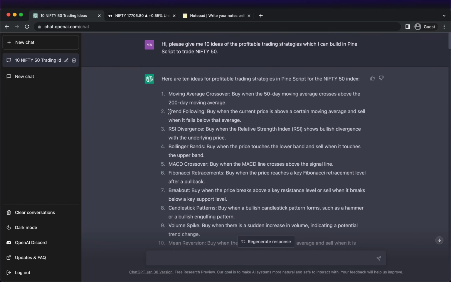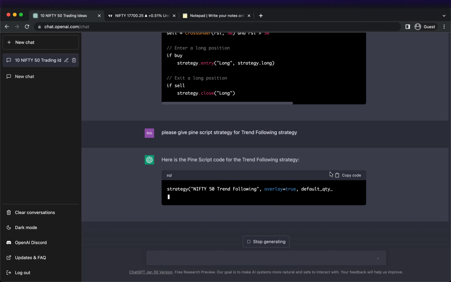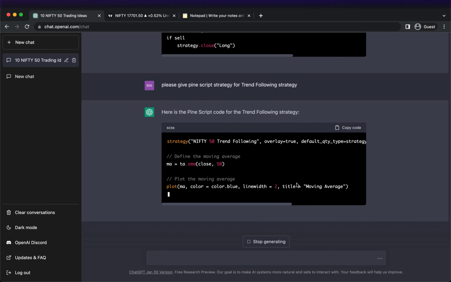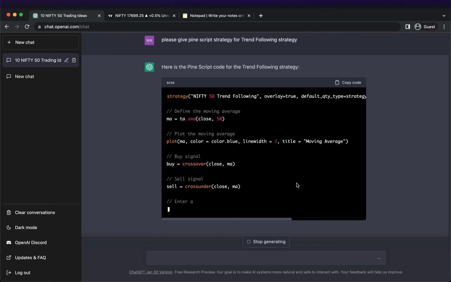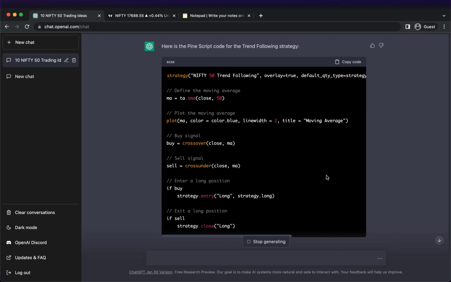And now let's go back to our ChatGPT and ask to create the next trading strategy. Please give PineScript for trend following strategy, and let's wait for the outcome. Trend following, it's quite a simple strategy as well. We're using SMA 50 as our baseline, and when we are crossing over, then we are buying.